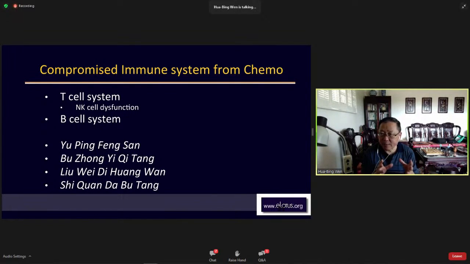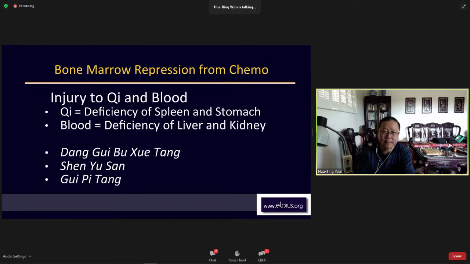The B cell system generates antibodies, which is like the yin and blood perspective. So if you want to tonify the T cell, use more qi and yang tonics. To strengthen the B cell system, use yin and blood tonics. That's a very simple way to look at how to address those issues.